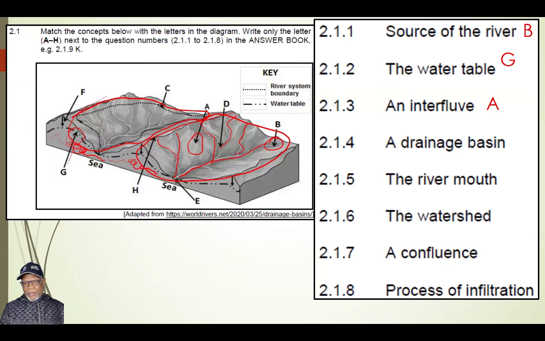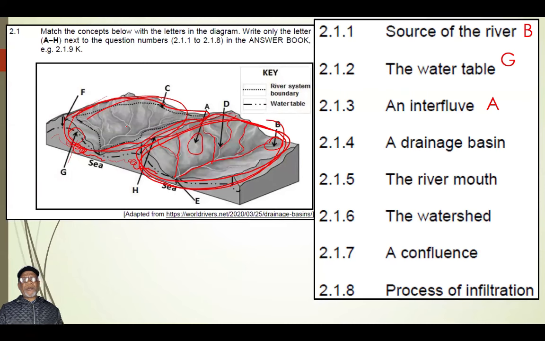You need to be able to define what a drainage basin is: the total area drained by the river system. This entire area is a drainage basin because it has got a river system.